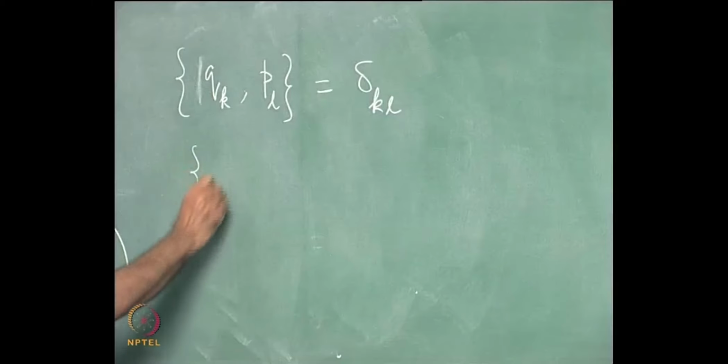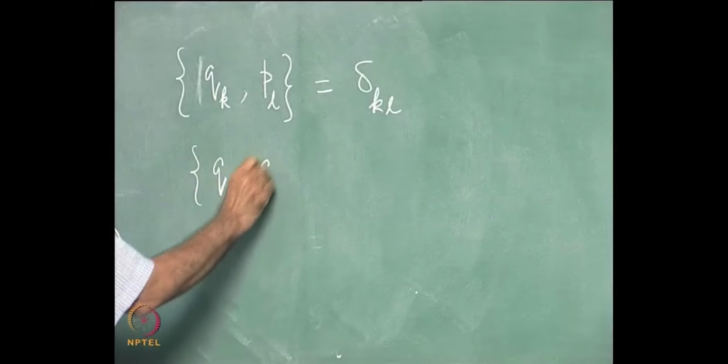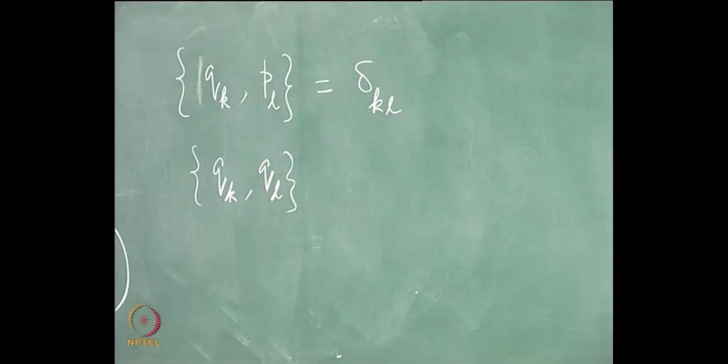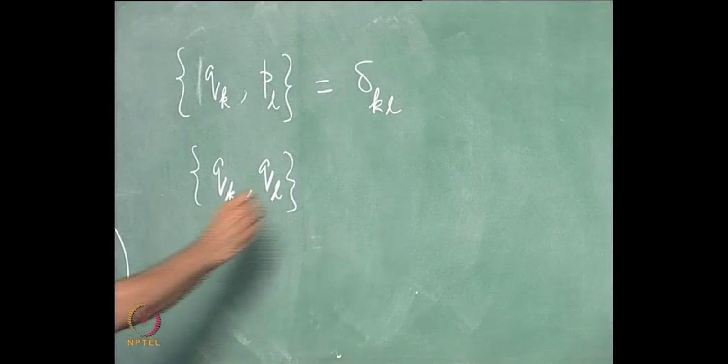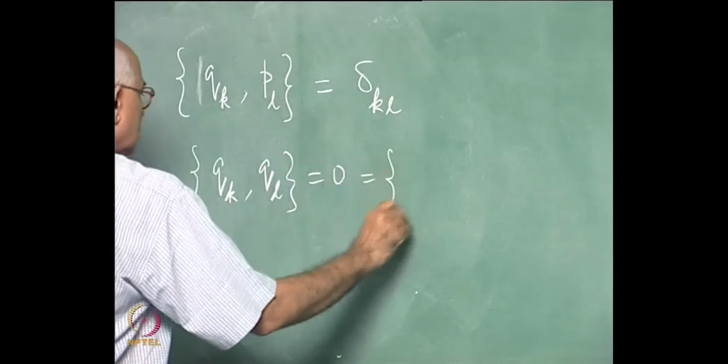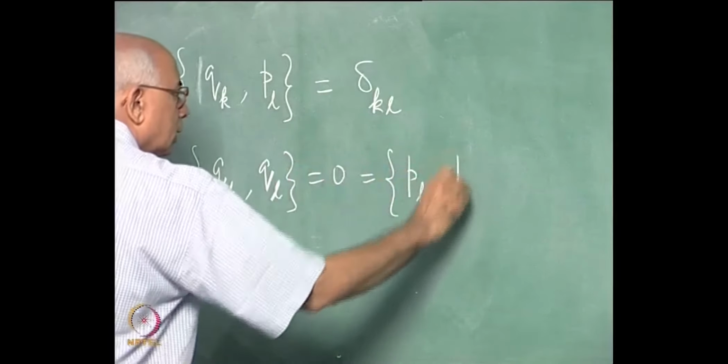What is the Poisson bracket of qk with ql? Both these quantities are now q's in the numerator and at least one of these will vanish, and therefore this is 0, and the same is true for pk with pl.